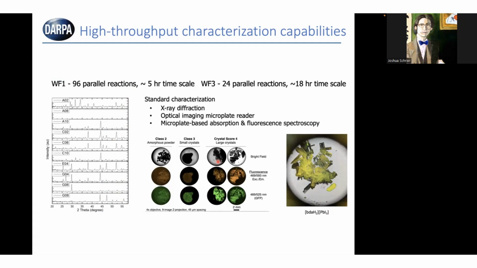The anti-solvent process is slower, because it involves this gradual vapor transfer. So it takes about a day, and we run it on a smaller scale. But obviously, we can set up many of these reactions in parallel. But the trick was actually coming up with characterization workflows that could keep up with the synthesis rate.